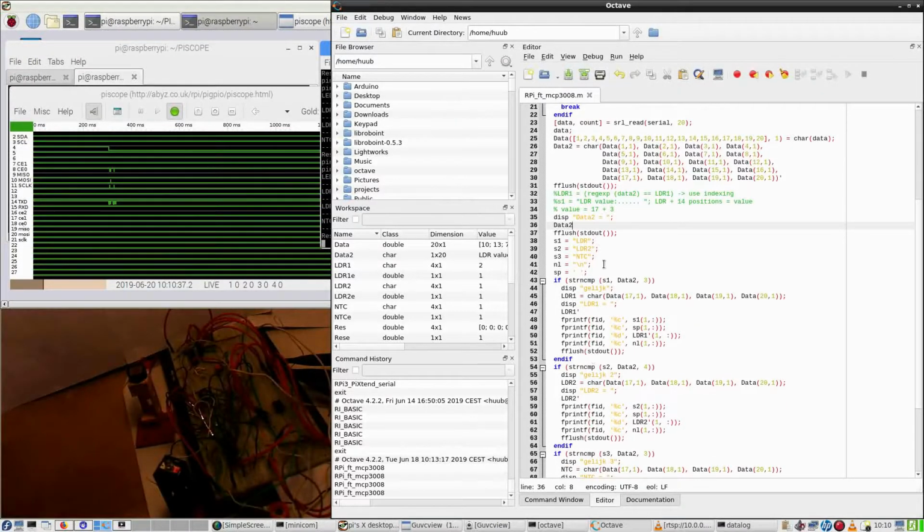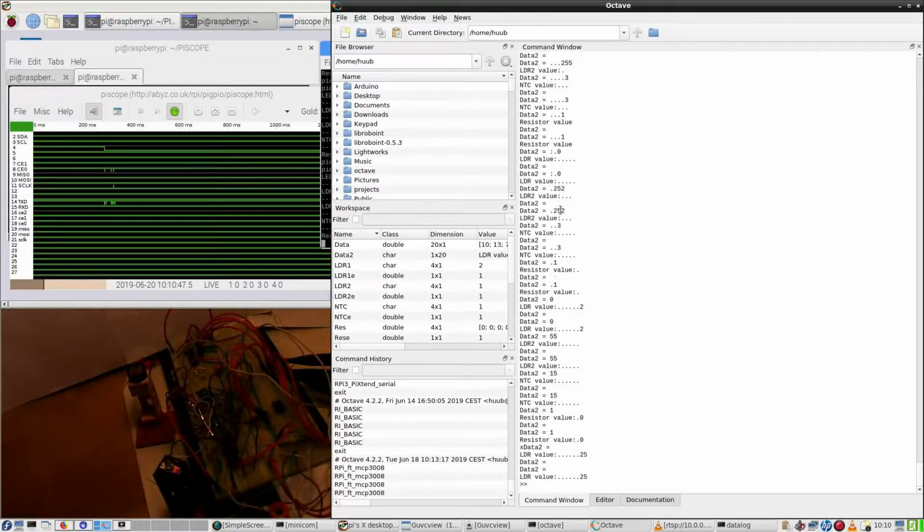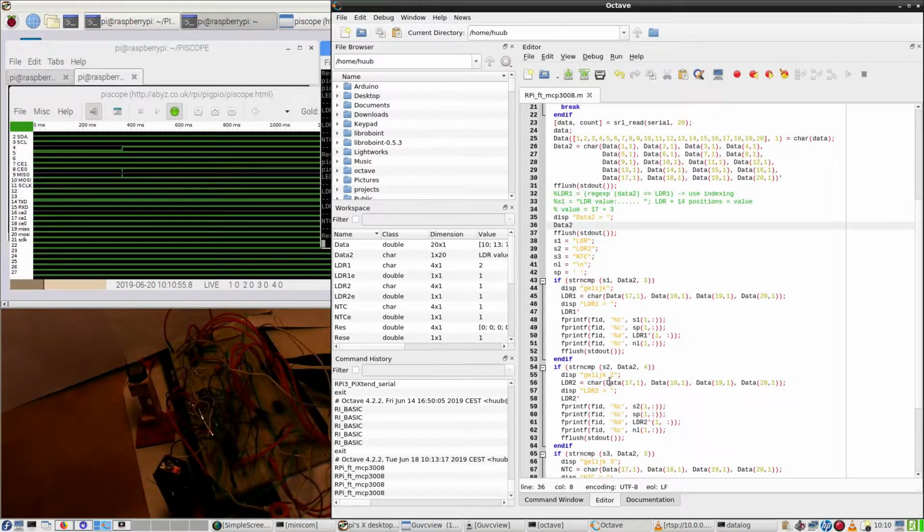So somehow this does work, because I get a fairly normal output from this one, data 2, but the others don't do anything. LDR2.